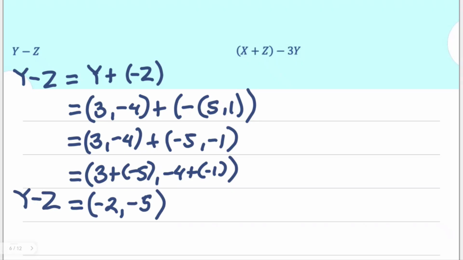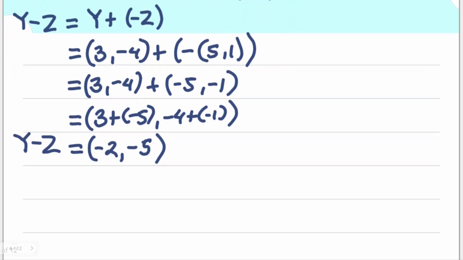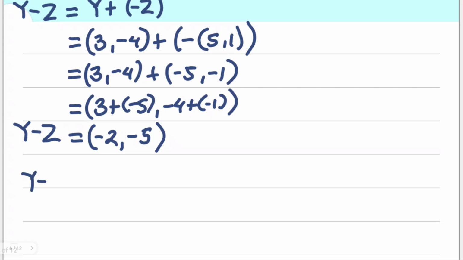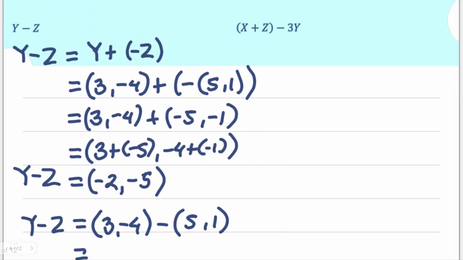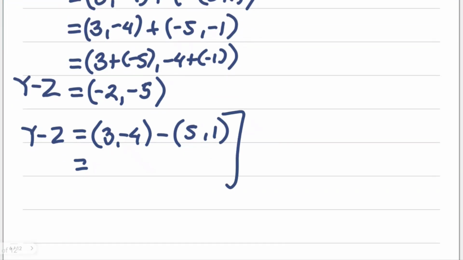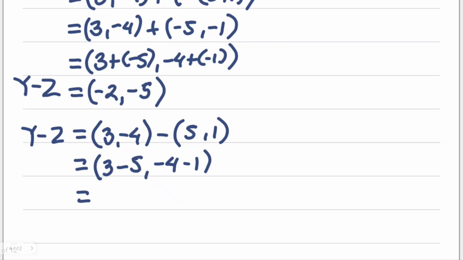By the way, I'm showing you this method because it is more appropriate, but some will do it like this: simply 3, negative 4, minus 5 and 1. This is the longer method, which allows us to appreciate the shorter method. That's 3 minus 5, and negative 4 minus 1, which still gives us negative 2, negative 5, the same as that.